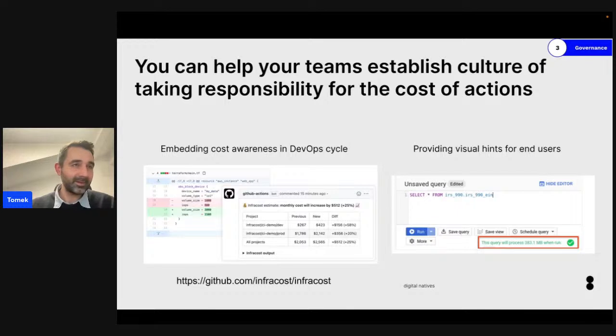So this is just one example of the thing that you can do to help you drive the cost down.